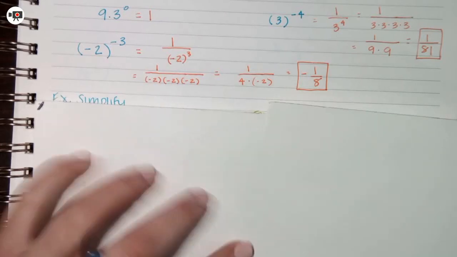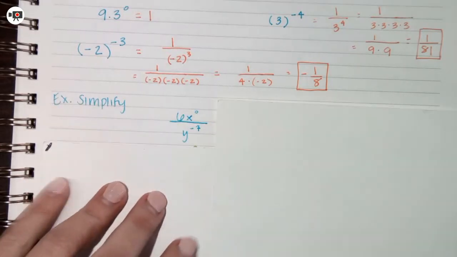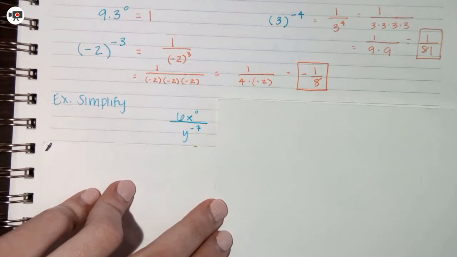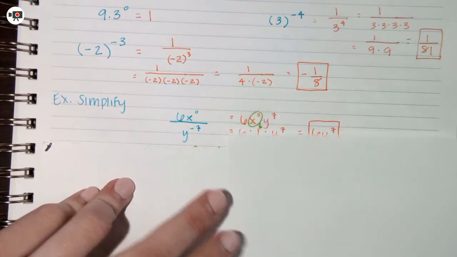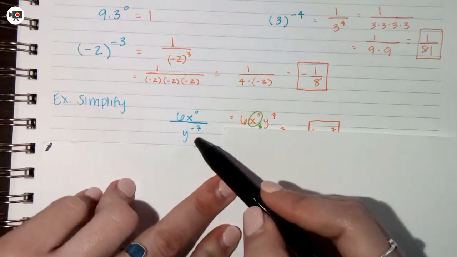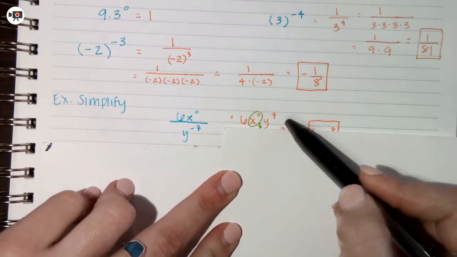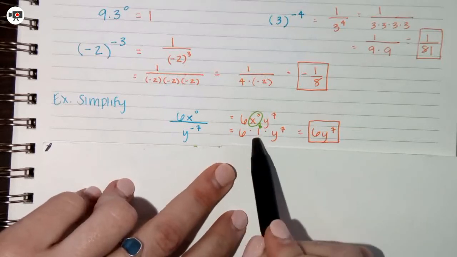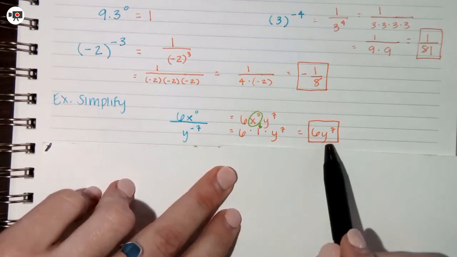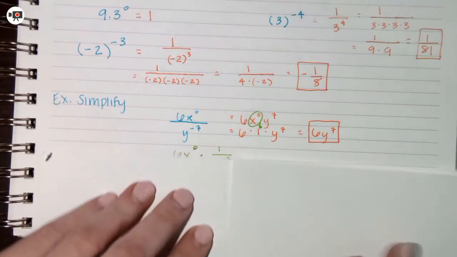Now we're just going to simplify. If I have 6x to the 0 power and y to the negative 7th over y to the negative 7th, I bring up my y, so now it's positive, and this x to the 0 power becomes a 1. So I have 6 times 1 times y to the 7th, which is 6y to the 7th.